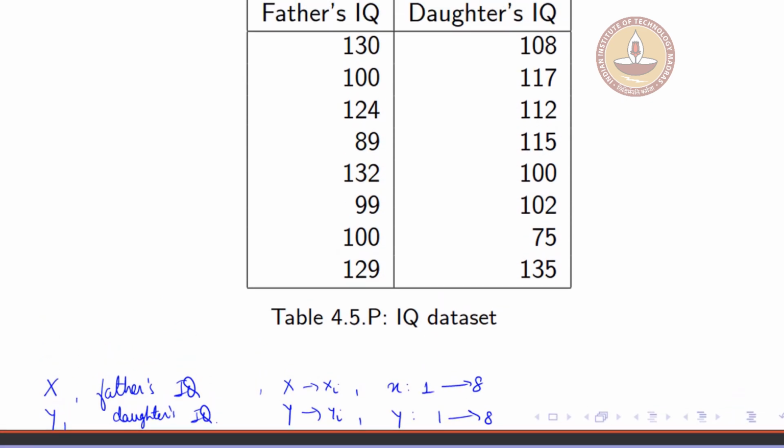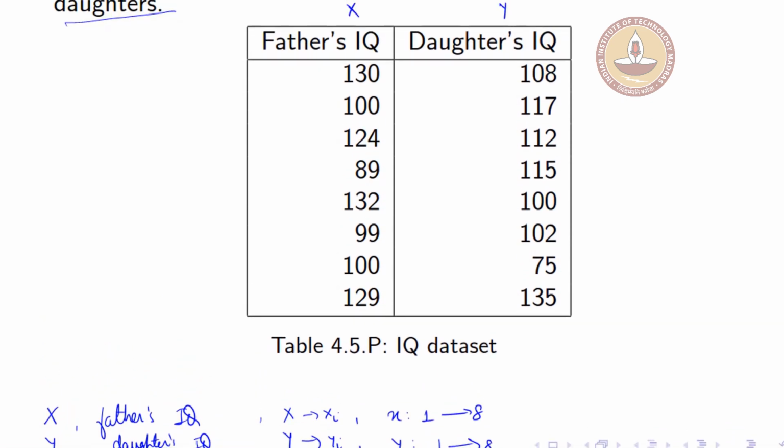So let's calculate the mean. We need to add up all those IQs. So this is going to be 903. And when you add the daughters' IQs, you will get 864.